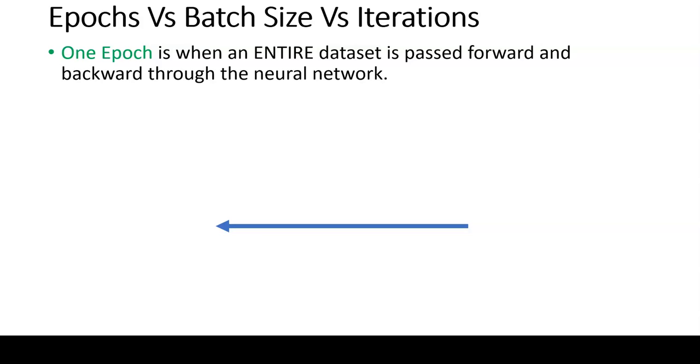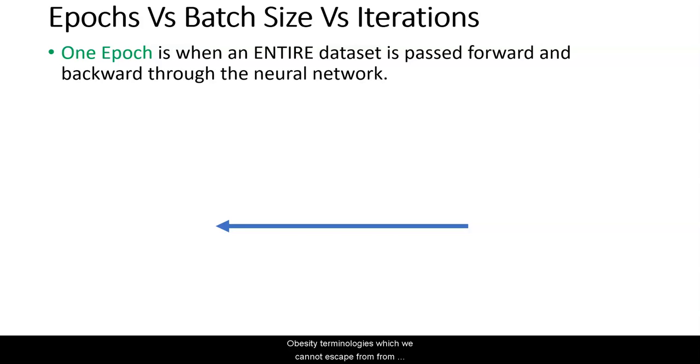So these 3 terminologies come into the picture only when we have a very huge data set. And in the case of machine learning and deep learning, we always have, or most of the time we have, very large data sets.